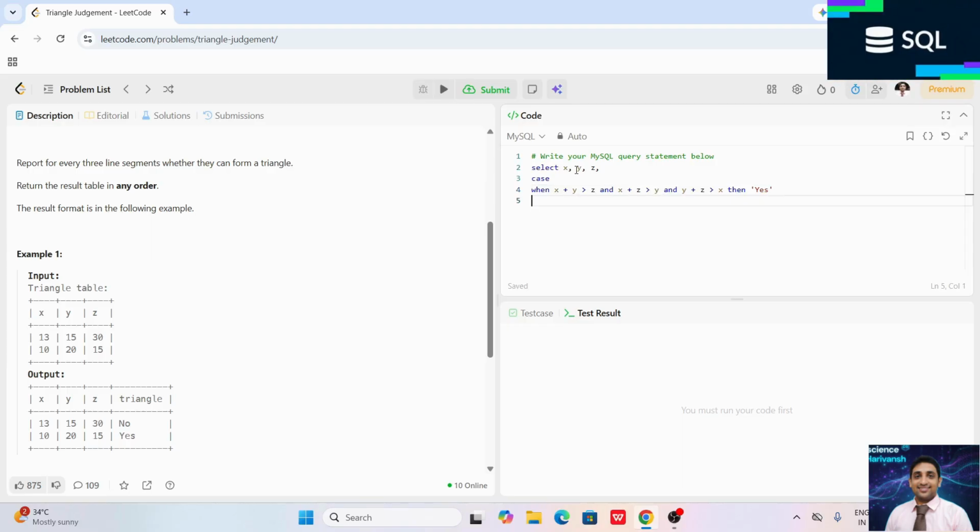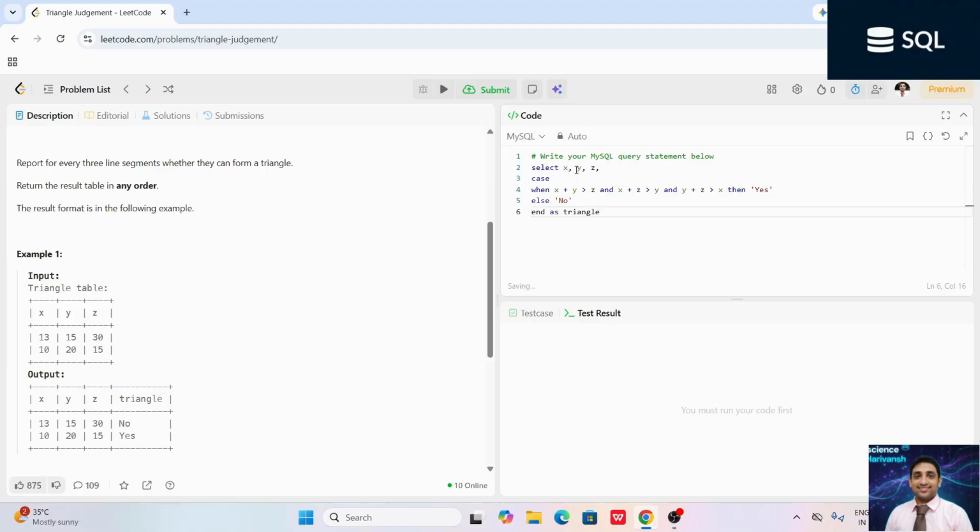Now next line, else no. If any one of the conditions fails, it means the 3 sides cannot form a triangle, so we return no. Okay, next, end as triangle.